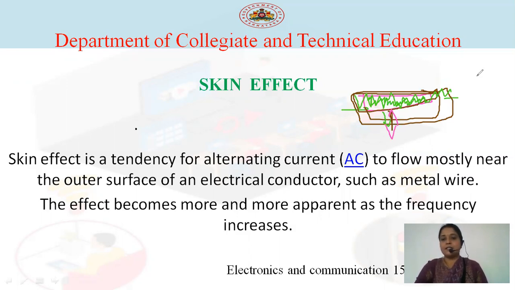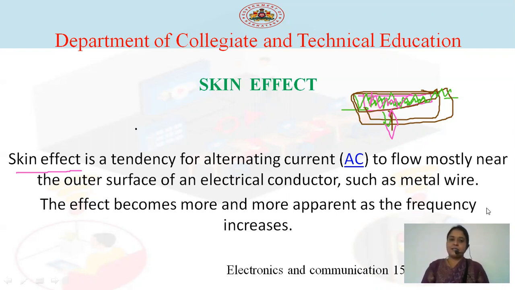This tendency of the AC current to flow mostly near the outer surface is called the skin effect. It flows mostly at the outer surfaces, and it becomes more pronounced as the frequency increases.